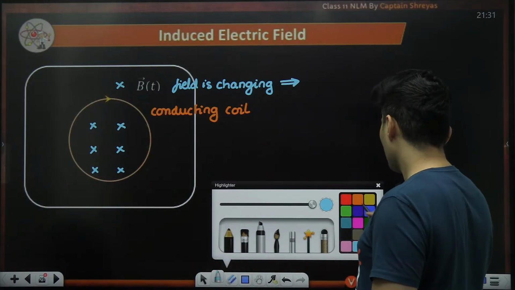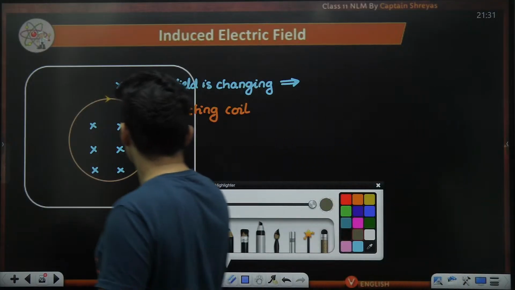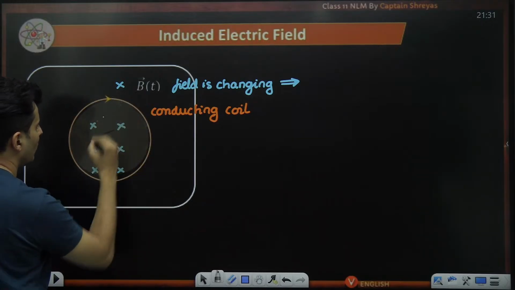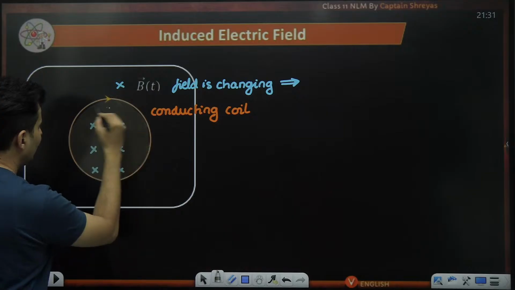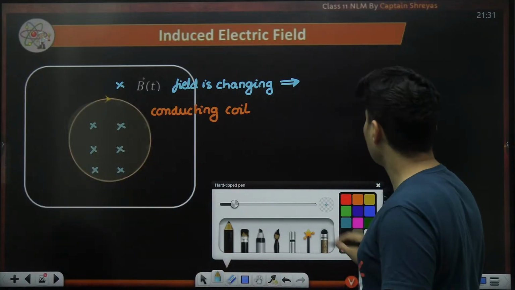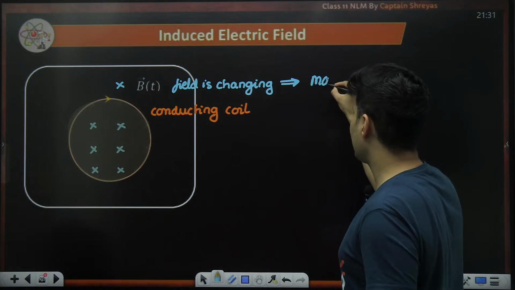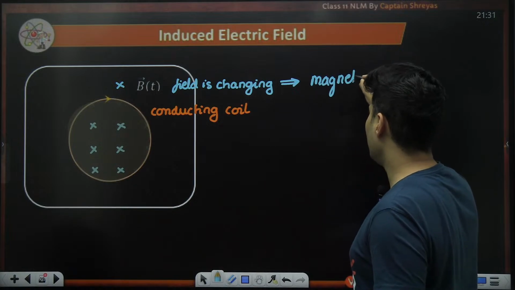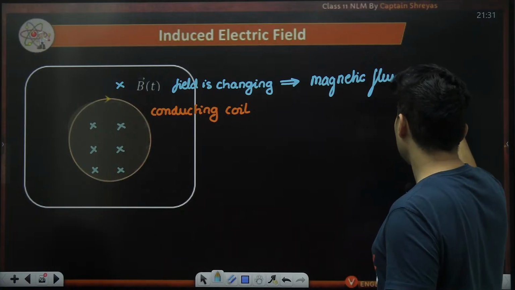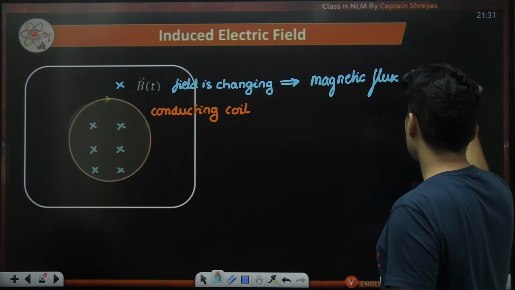Very clear and obvious thing. Whatever field passes through that particular coil will create a flux. So therefore, the magnetic flux is definitely going to change.